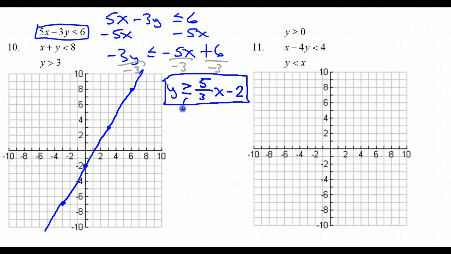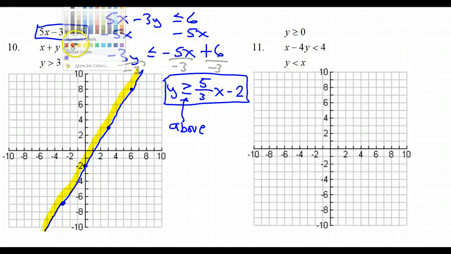Because it's greater than or equal to, we are going to shade above the line. Now, because we have multiple inequalities coming, we're just going to shade a little bit of it above the line. We're not going to go crazy with it. I'm shading above, but just a little bit. Got to leave space for the other lines.